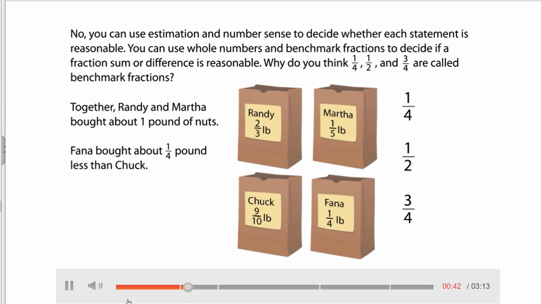You can use estimation and number sense to decide whether each statement is reasonable. You can use whole numbers and benchmark fractions to decide if a fraction sum or difference is reasonable. Why do you think 1/4, 1/2, and 3/4 are called benchmark fractions?